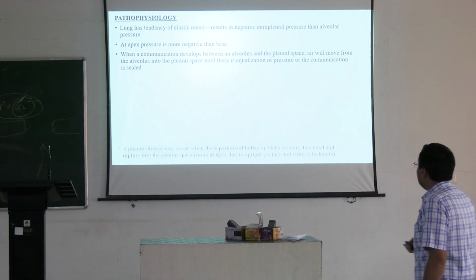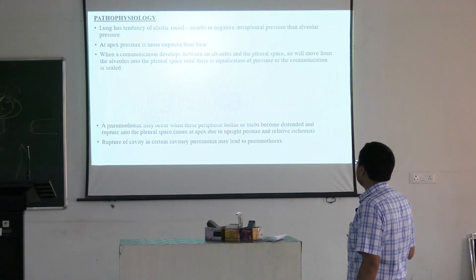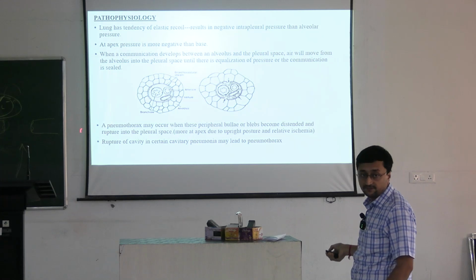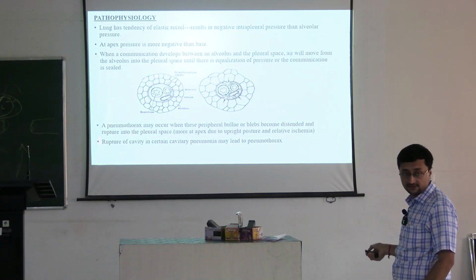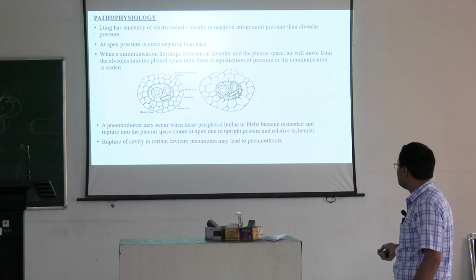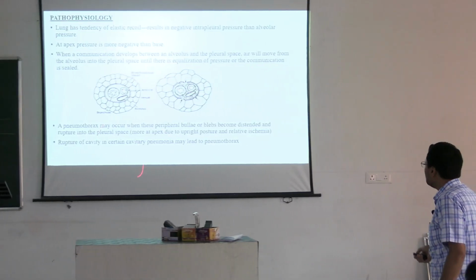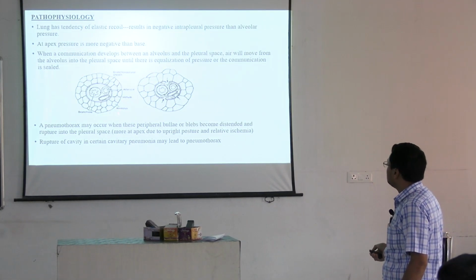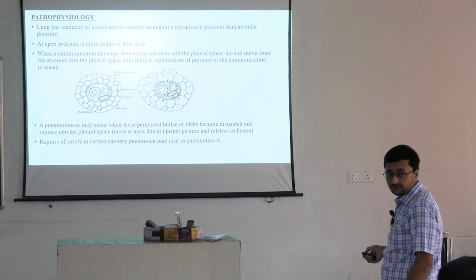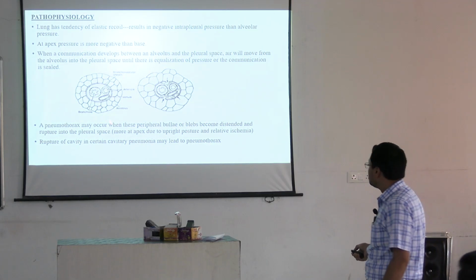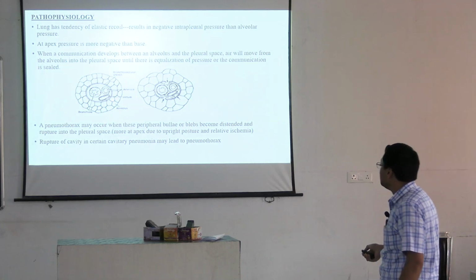And just understand this picture. This is a bronchovascular sheath, right? This is an intact bronchovascular sheath where there are bronchioles, arterioles, venules and alveoli. So this is an intact alveoli, right? Suppose the alveoli ruptures or there is a connection between the alveolus and the pleural space.